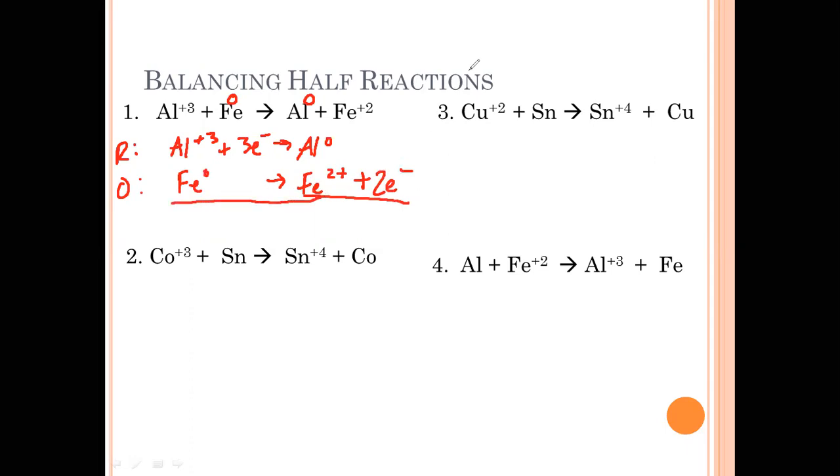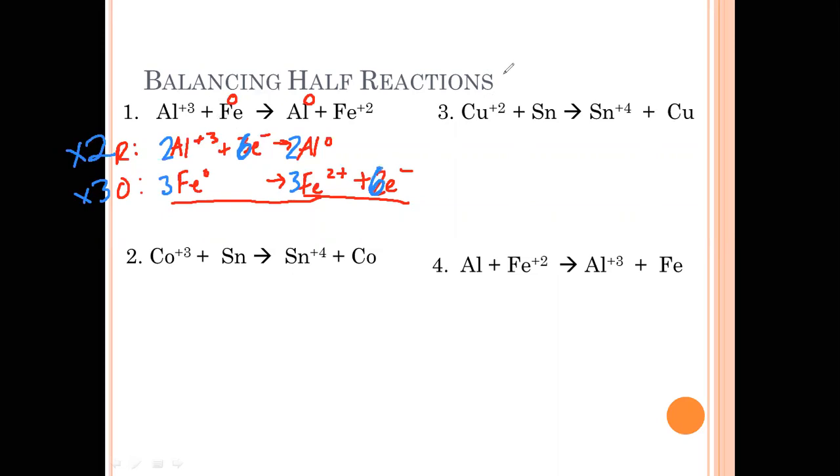Okay, so before I can add them together, I need to balance my electrons. So I have a 3 and a 2. When I'm at a 3 and a 2, the goal is 6. So I'm going to multiply the top one times 2 and the bottom one times 3. So this changes to 6, and this one is going to be 3, 3, 6.